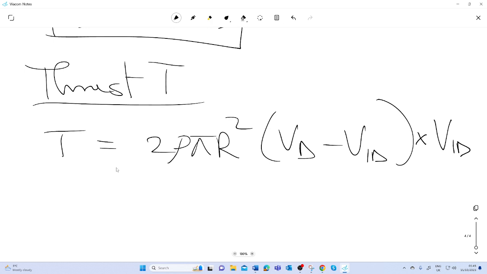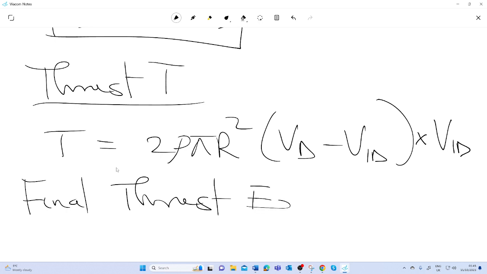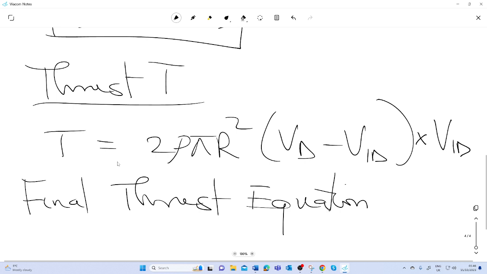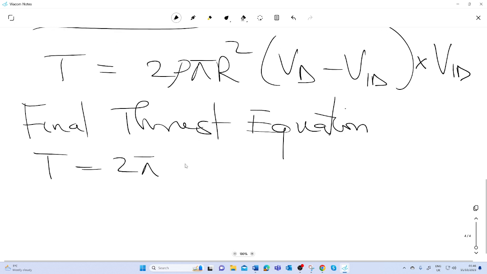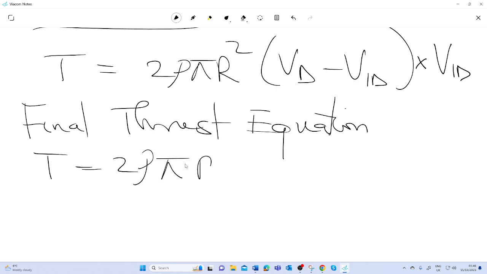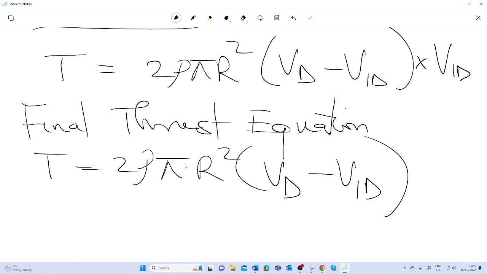So therefore, the final thrust equation for a helicopter in a windmill at the descent velocity equals T equals 2 rho pi r squared (Vd minus Vid) into Vid.